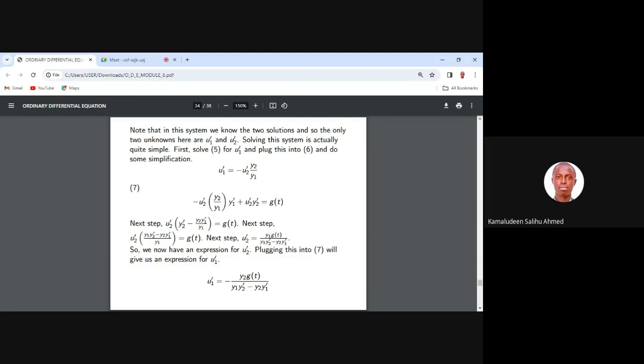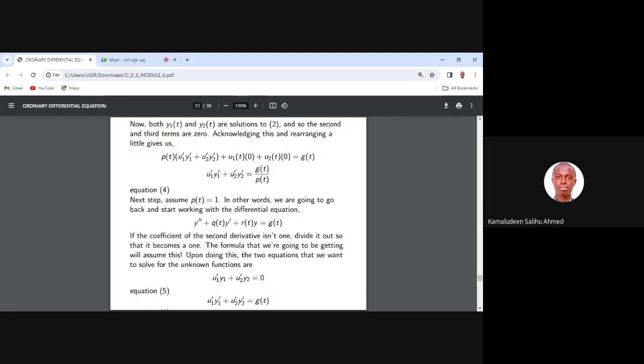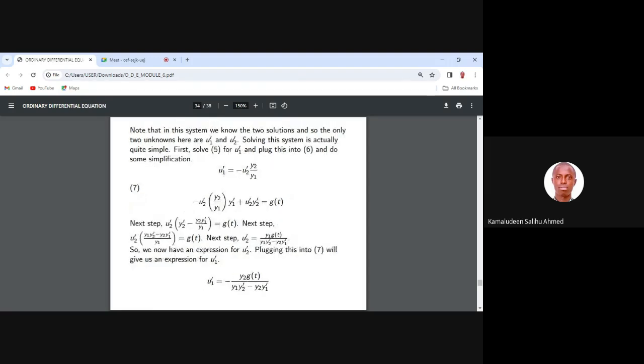Now that you have the value for u1 prime, you can substitute it back into this expression: substitute what you have for u1 prime, then y1 prime as you have it here, plus u2 prime y2 prime is equal to g of t. So we are not lost. It's very clear.